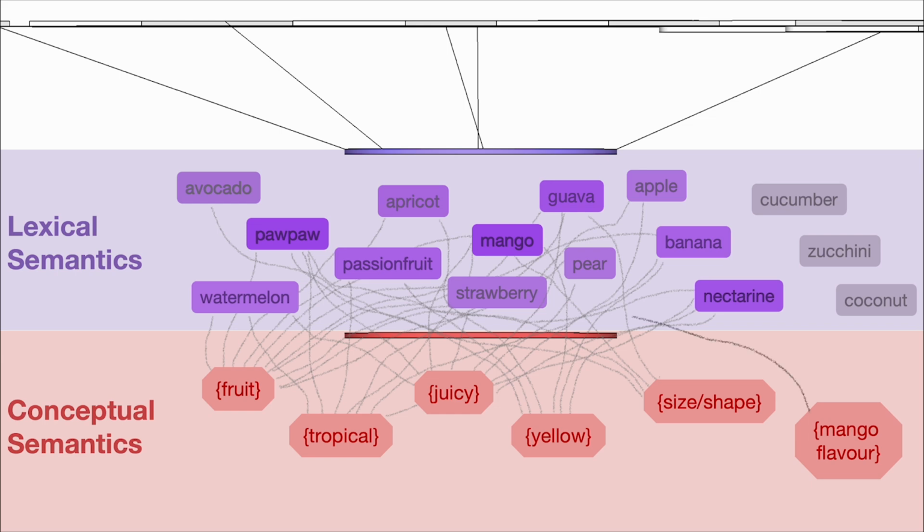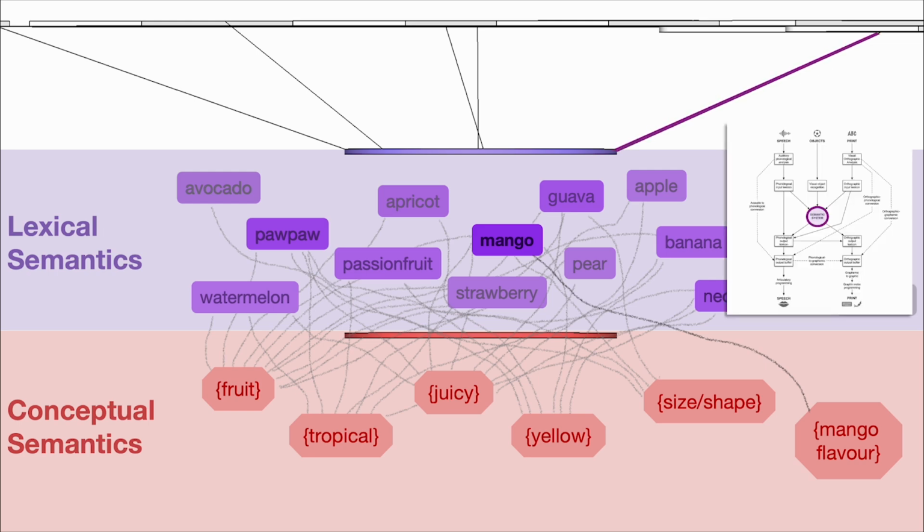Perhaps that flavor is something that activates mango and makes that the best candidate for naming that picture. And that representation that matches all of the features that your conceptual system knows that it's looking at is then selected for production, and it travels up to the phonemic system, the output lexicon, the output buffer. It's programmed and then produced.